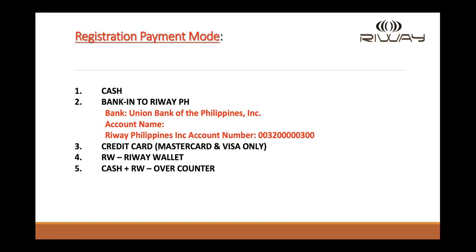Or you can use cash and Rive wallet, but you have to do it over the counter. That is to say, if you don't have the privilege of an office in Puerto Princesa, you can't do that. Or you can do credit card plus RW at the conversion rate of 1 RW to 37 pesos.